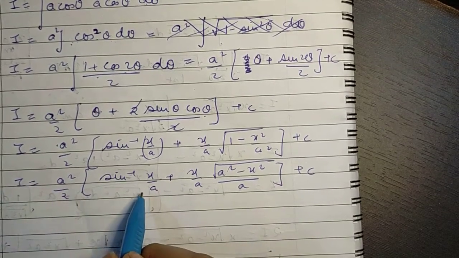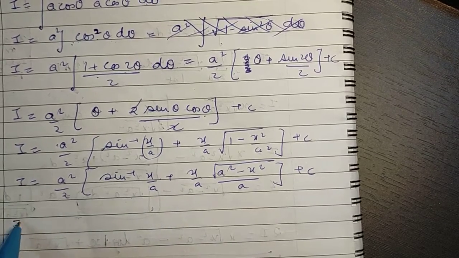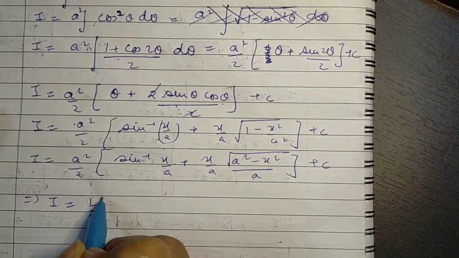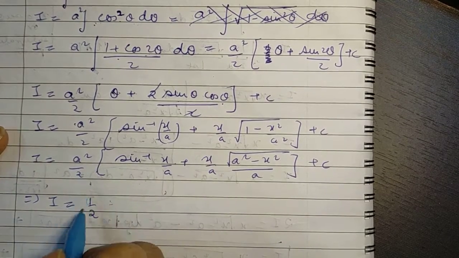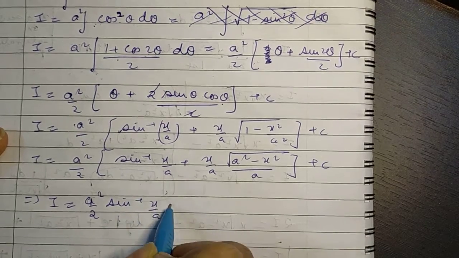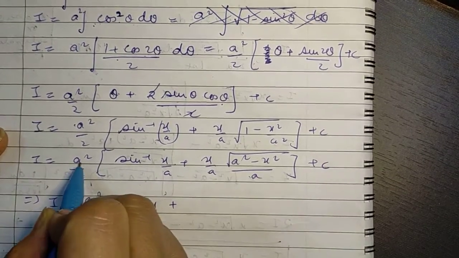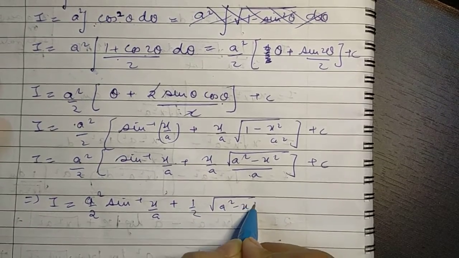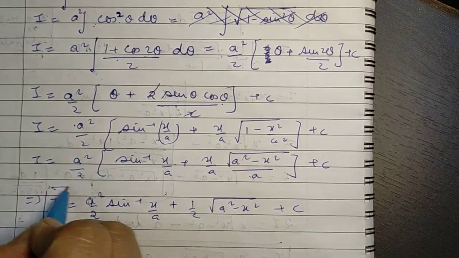Now this can be written as I is equal to half of a squared sine inverse x by a plus this a squared and this a squared gets cancelled, half of under root of a squared minus x squared plus a constant.